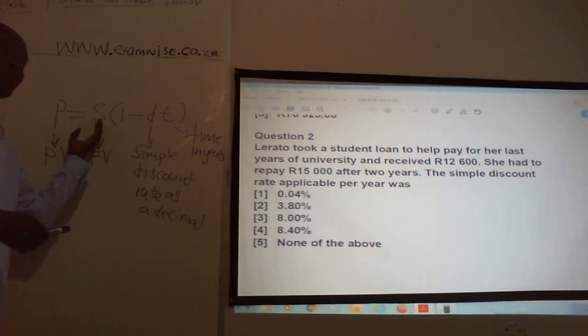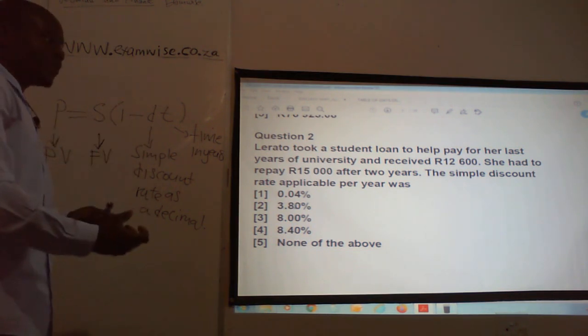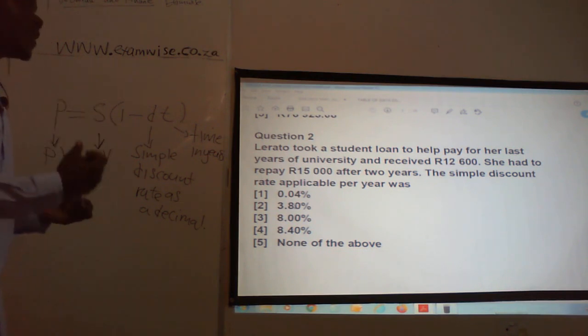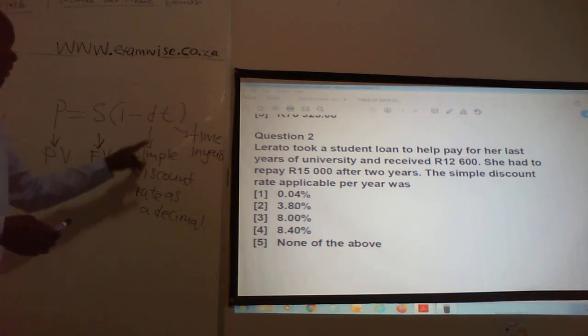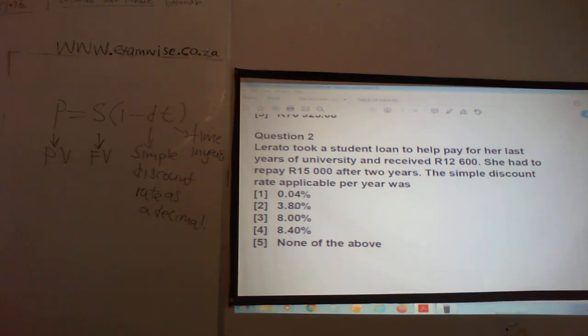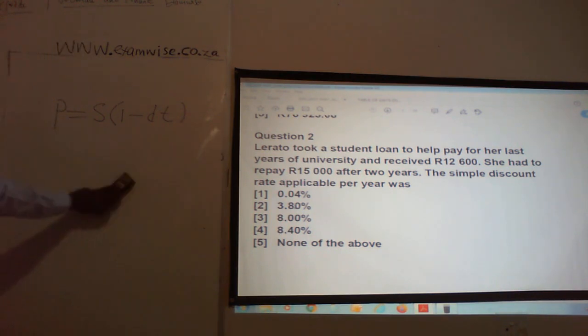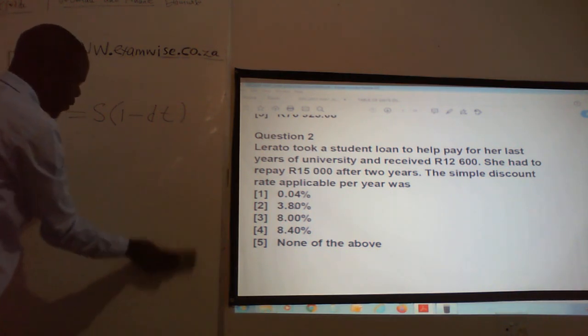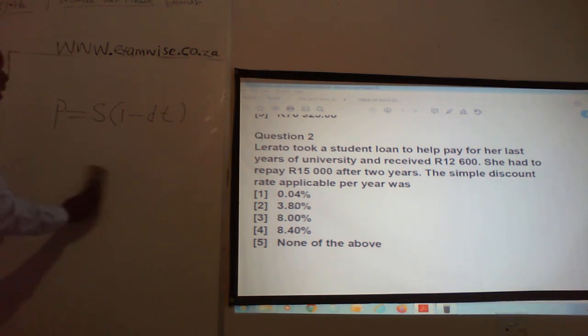From this main formula, we have to derive a formula for D. So in the exam as well, the formula for D, the formula for T will not be given, so we have to play around with the given formula.